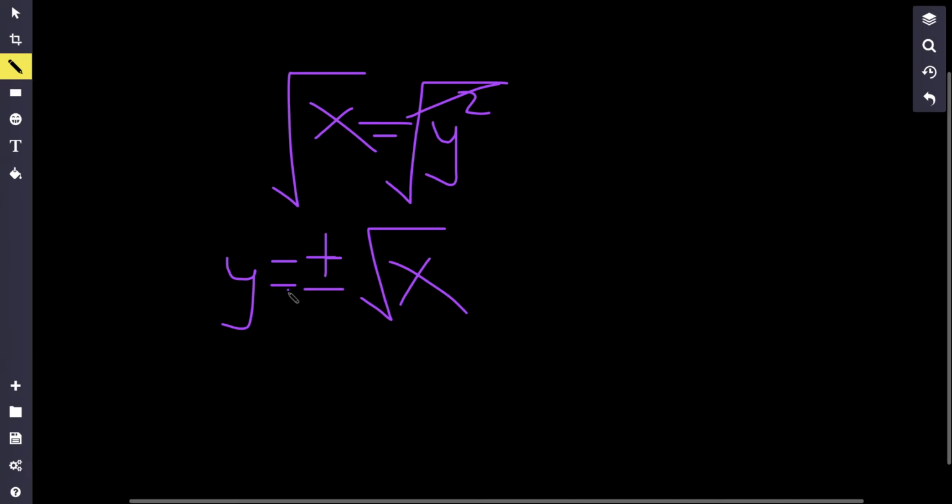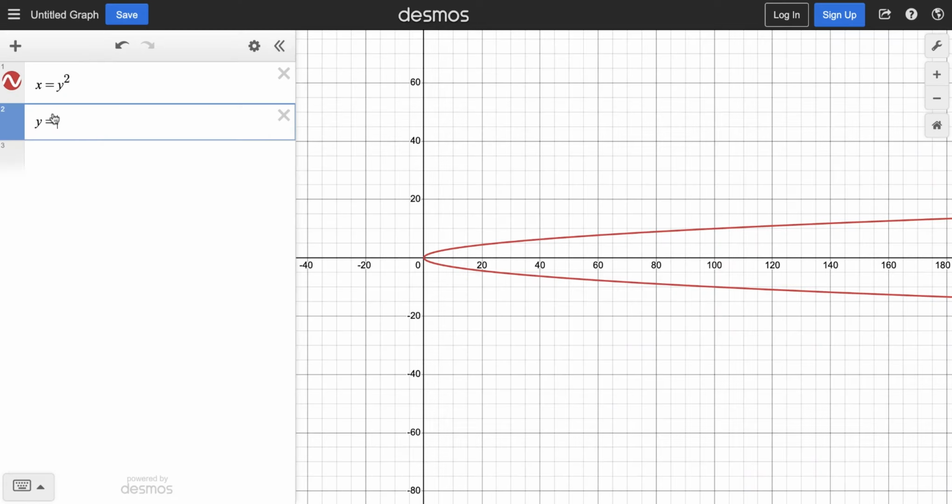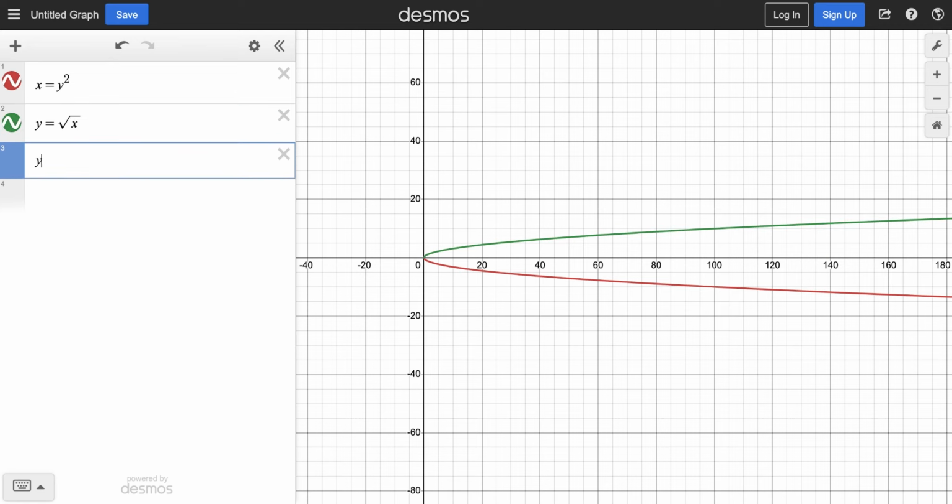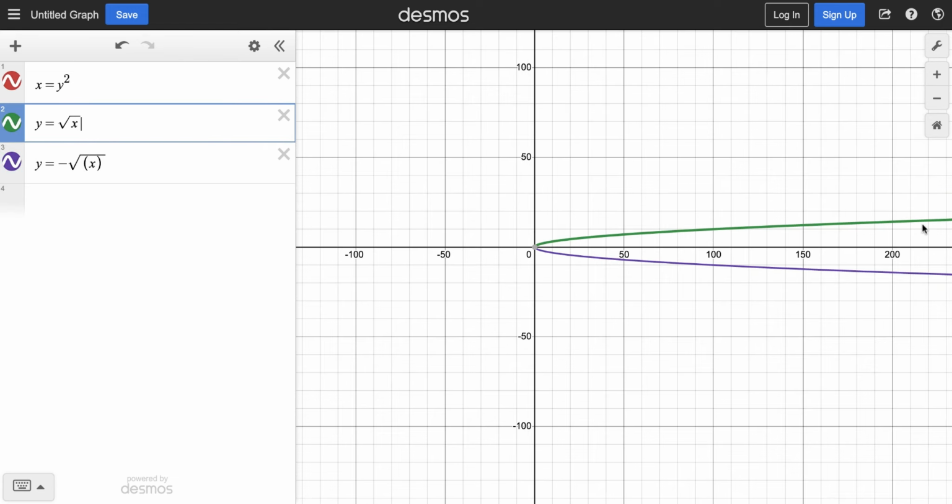So you notice if you graph y is equal to the square root of x, and y is equal to the negative square root of x, because it's plus or minus, when these two graphs come together, they form this horizontal parabola, just like what we had originally.